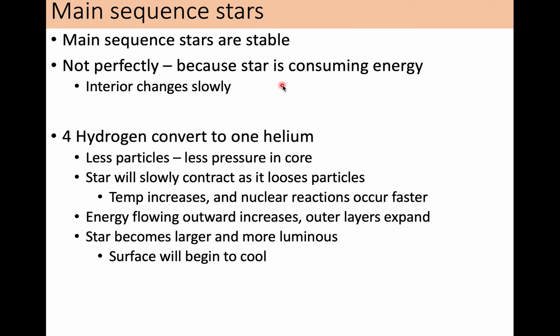So that means the energy flowing outward from the star is going to increase because these nuclear reactions are happening faster. So then the outer layers of the star are going to expand again. The star will become larger and more luminous, and the surface, as it's expanding, will start to cool.